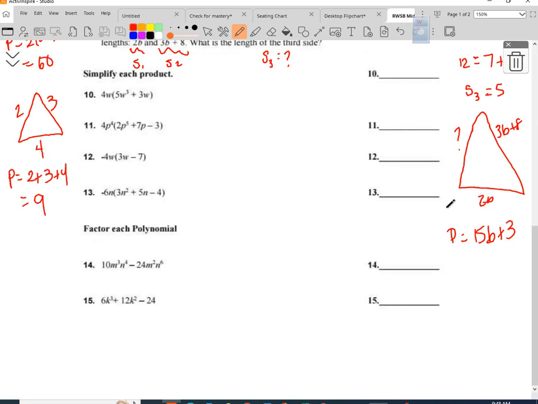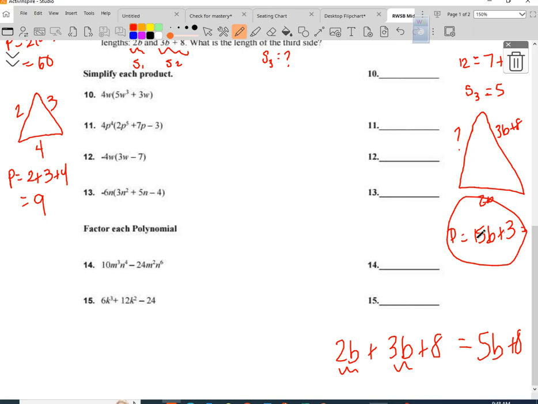But a little different, right? So side 1 plus side 2, 2b plus 3b plus 8. What does that equal? You got to add the 2b and 3b. Right, so that's 5b plus 8. So now we know that these 2 sides added together are 5b plus 8. To find the third side, we have to subtract it from the perimeter.